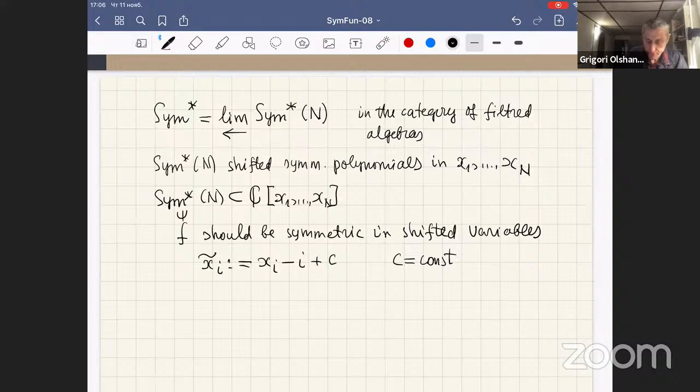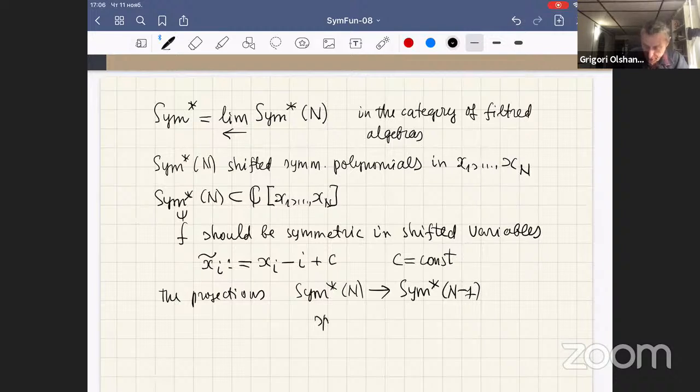And next we have to define the projection. The projections of polynomials in n variables to polynomials in n minus 1 variables. It is as before, specialization of the last variable xn to 0.